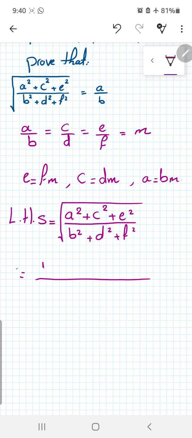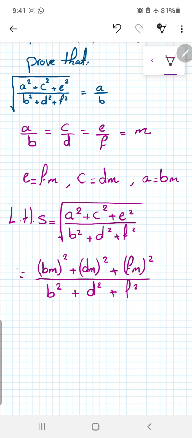So here (A equals Bm) all power 2, plus C equals Dm, (Dm) all to the power 2, plus E equals Fm, also all to the power 2, over B power 2 plus D power 2 plus F power 2.